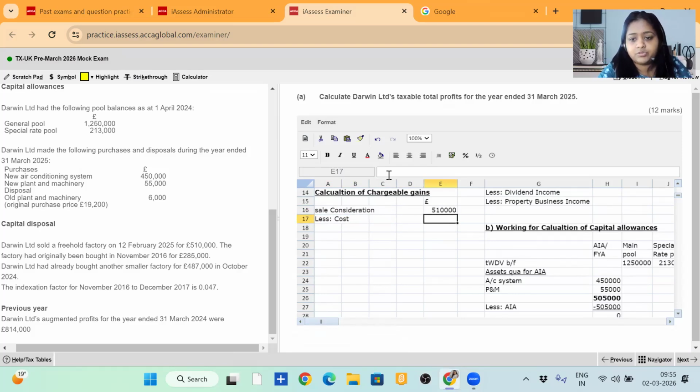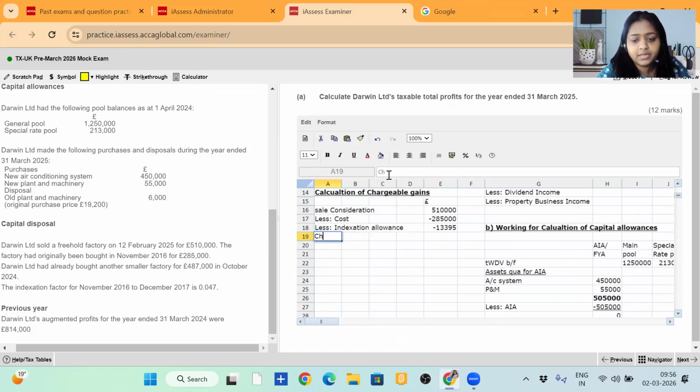And remember, you have to reduce the indexation allowance also. Less indexation allowance, which is 0.047. So you will do on cost, you will multiply 0.047. I get my indexation allowance as 13,395.